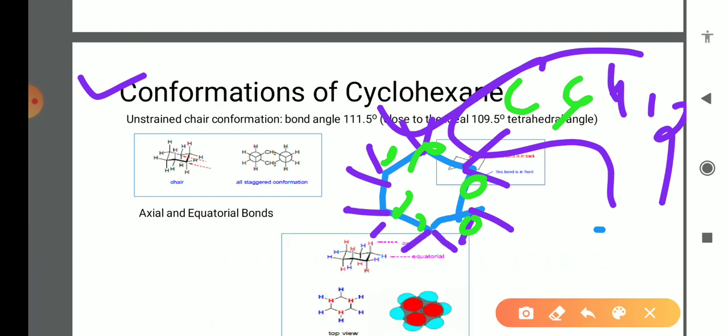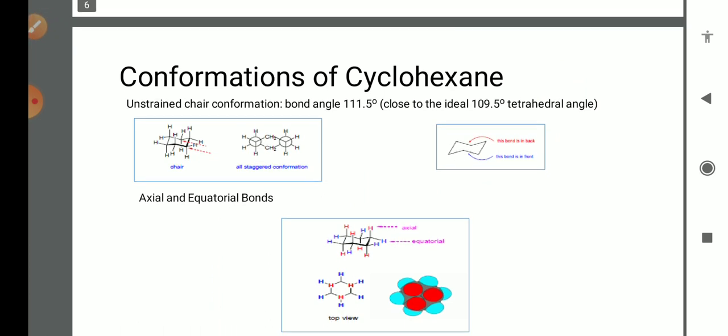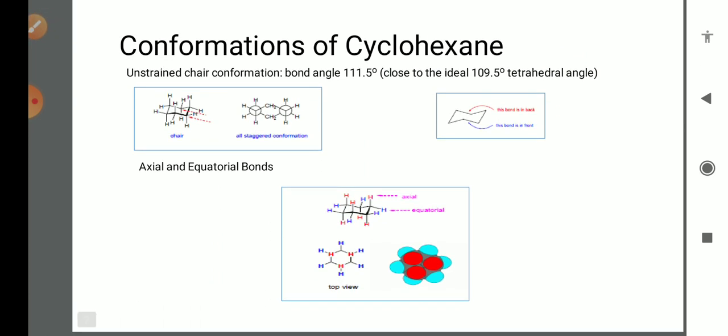It means cyclohexane in space, how many types of positions it acquires. There are infinite numbers of positions of cyclohexane in three-dimensional space.